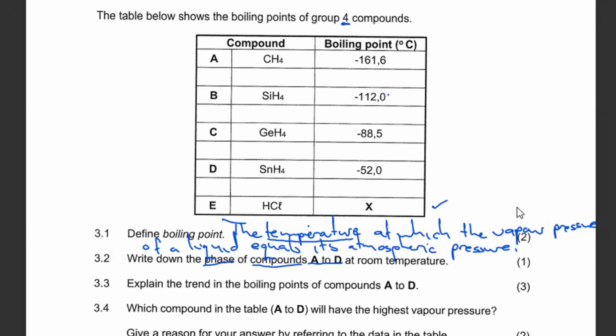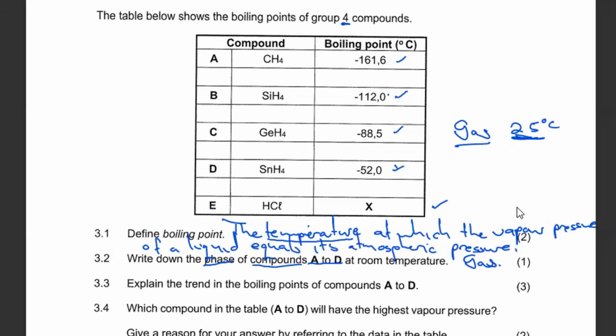They are already boiling at a negative temperature, from A until D. Room temperature is considered to be around 25 degrees Celsius. So if they are already boiling at negative temperatures, it means they are gases. So the answer here is gas.